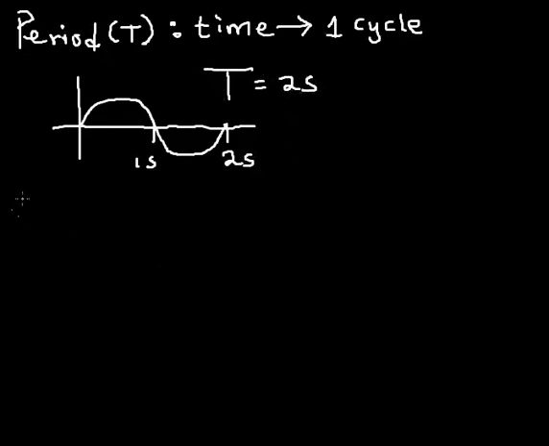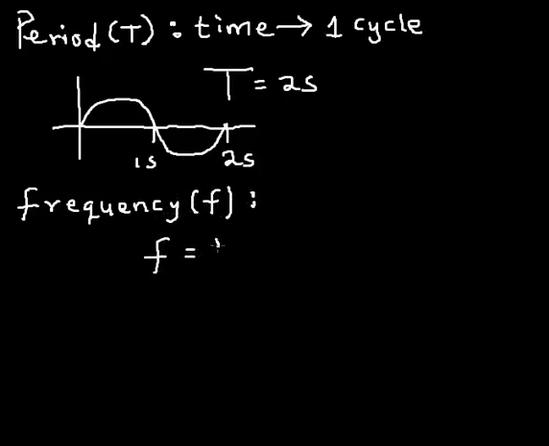Then the next term that we need to learn is the frequency of a wave, with the symbol f. The frequency of the wave is defined as the number of oscillations that the wave completes per unit time.